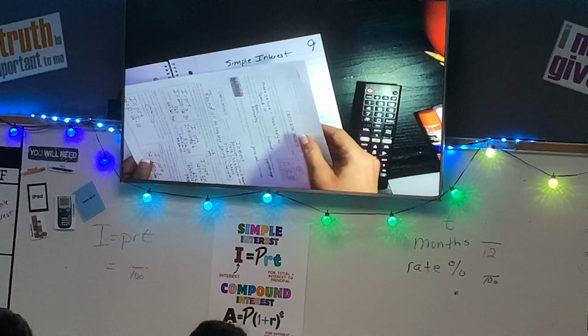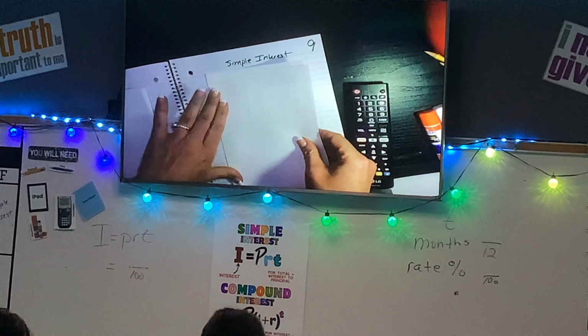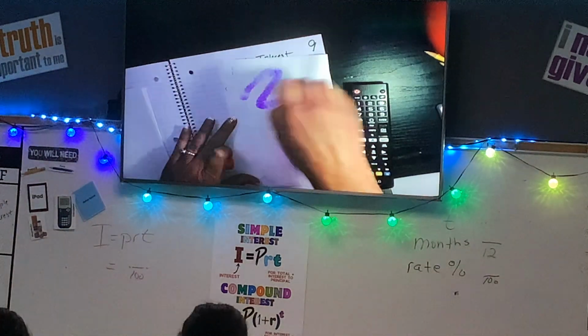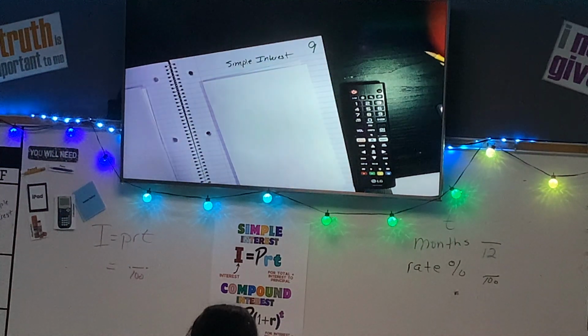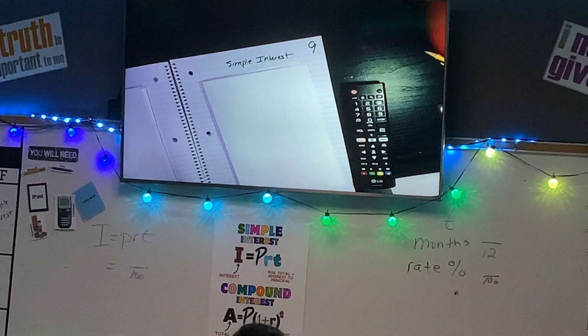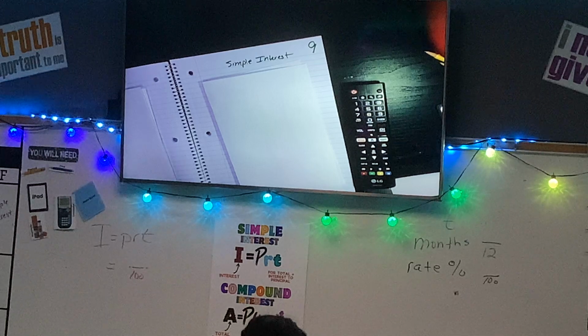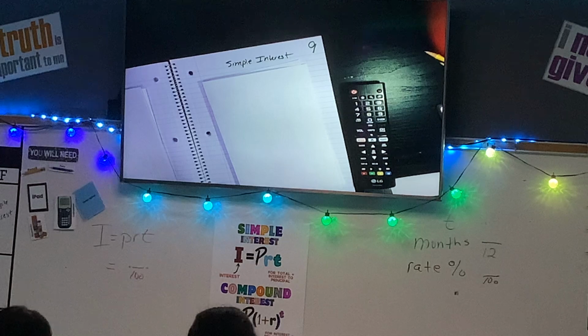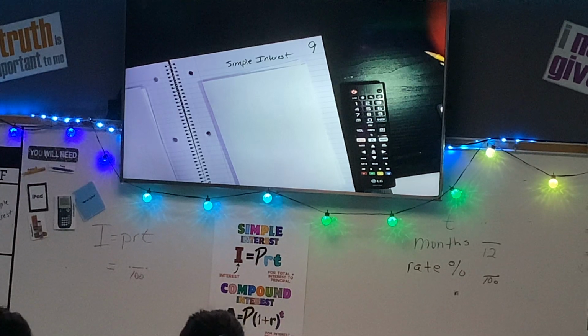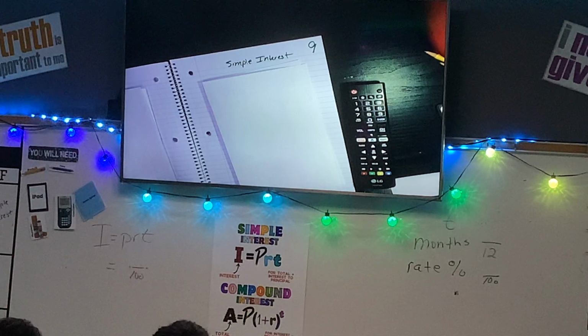You are going to take that and you are going to fold it in half and you are going to glue it. After you've glued it, you're going to go to your assignments in Schoology.